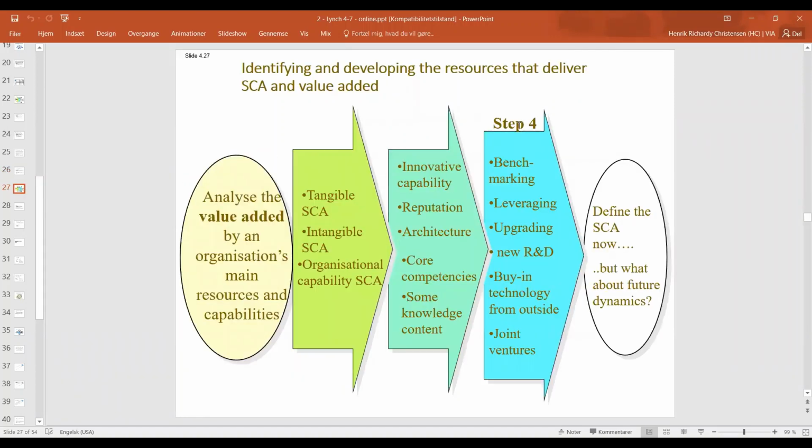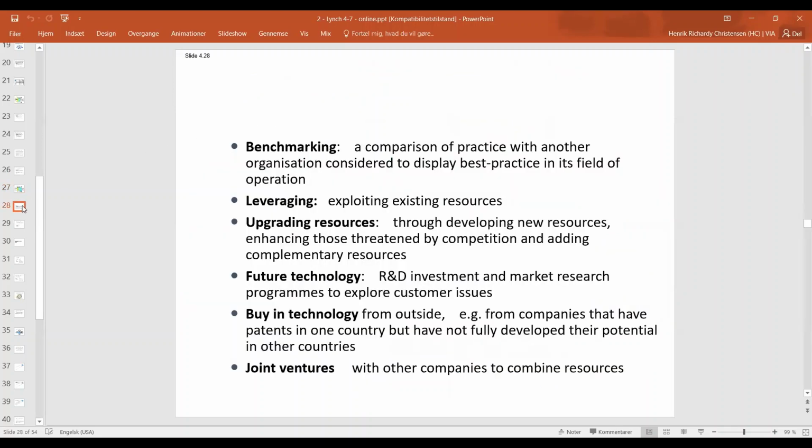And almost done here. Then we start looking at benchmarking, leveraging, upgrading, etc. And I'll just say these are how we move on, having identified what is it that we are building upon, given these resources. So let's take a quick look at those.